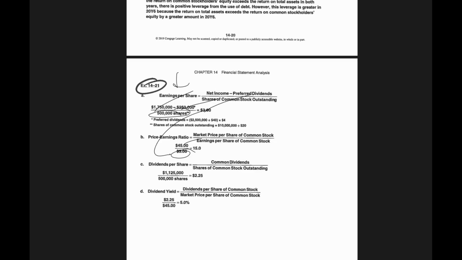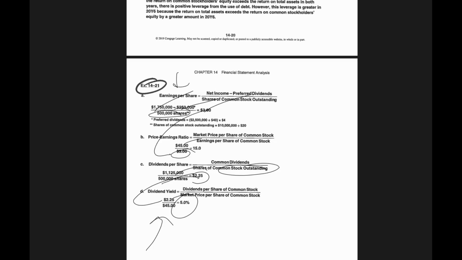Common dividends: in this case, the book tells you the dividends declared for common stock were 1,125,000. We just calculated the shares outstanding for common, 500,000 shares, so dividends per share is 2.25. The dividend yield takes that 2.25 and divides it by what the book provided for you, the market price, 45 bucks. Our dividend yield is 5%.